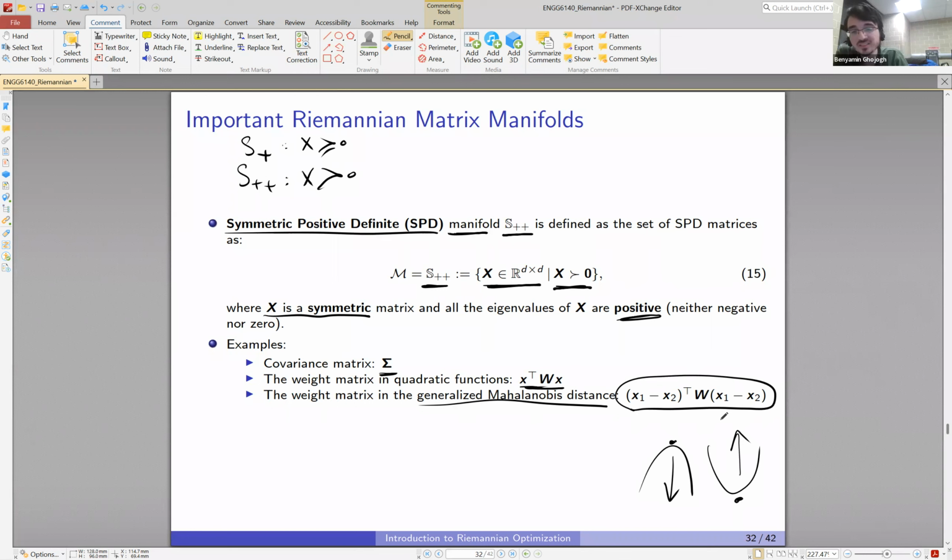This projection matrix needs to be positive definite or positive semi-definite. Why? Because we want the distance to be convex, and also to satisfy the triangle inequality, to be a valid distance metric. Otherwise, it's not a distance metric. It needs to be positive definite to satisfy the triangle inequality.